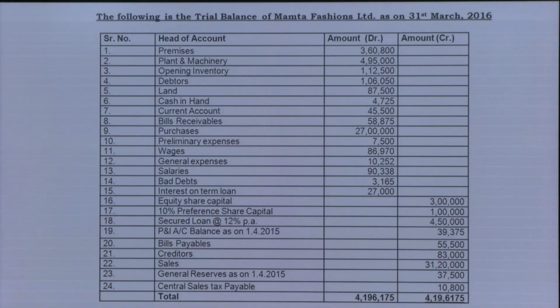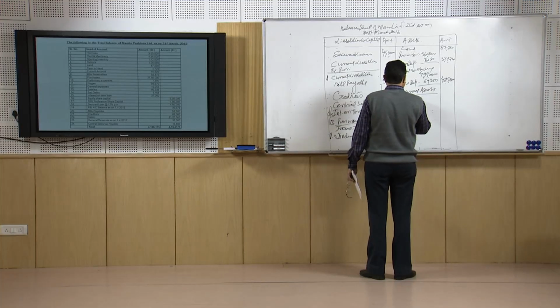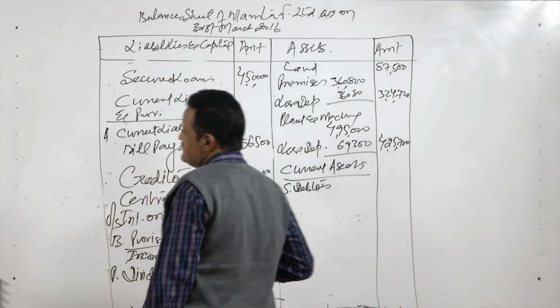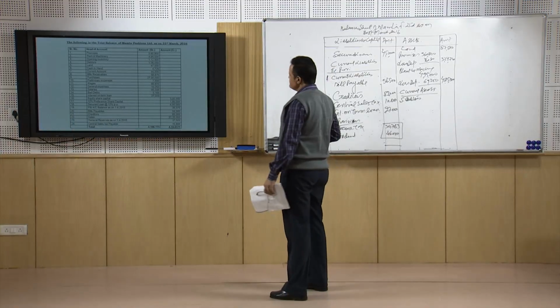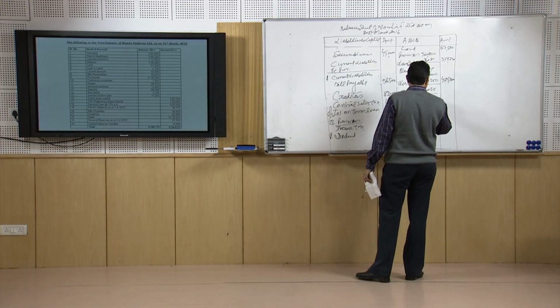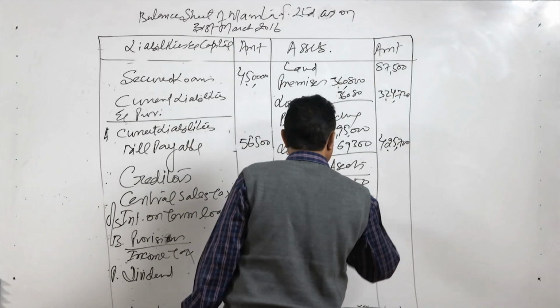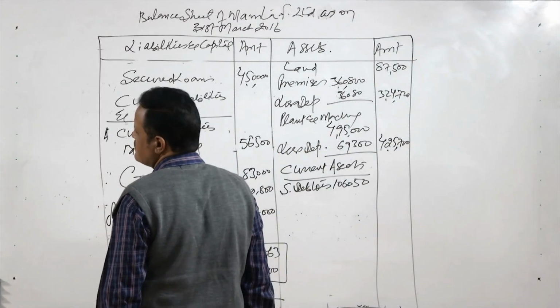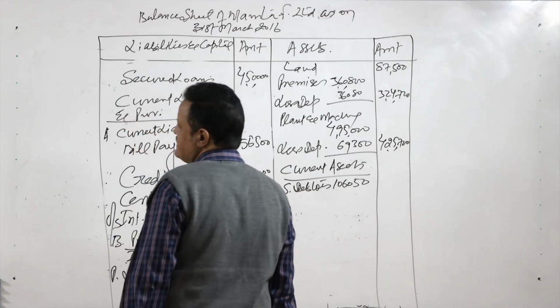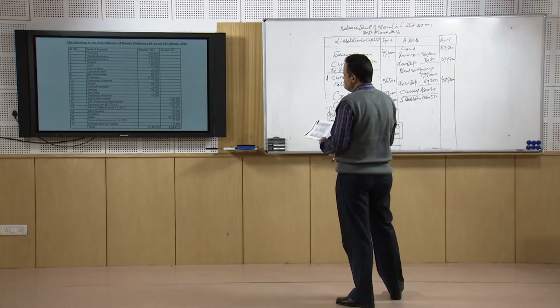First is the debtors. First is sundry debtors, and sundry debtors amount is how much? That is 1,06,050. Cash in hand, cash at bank we will take later on.